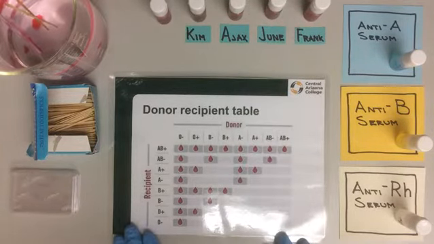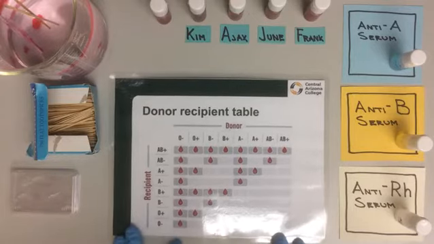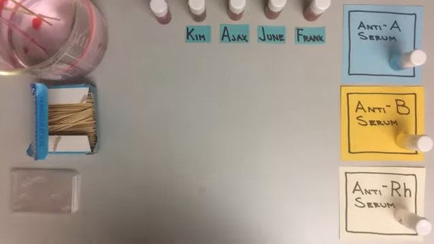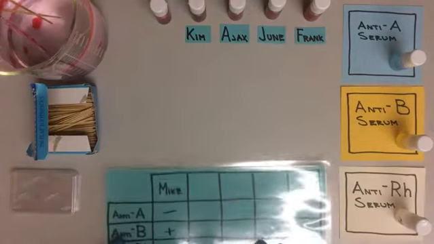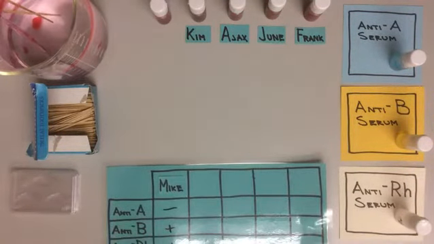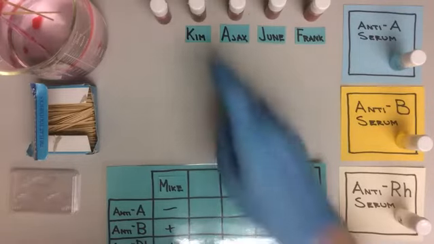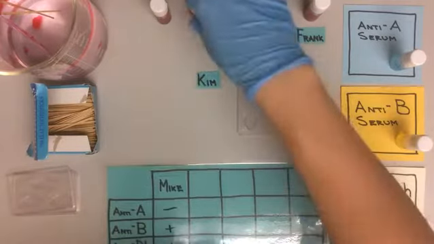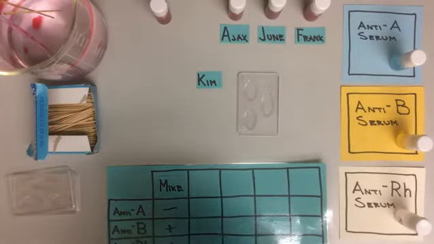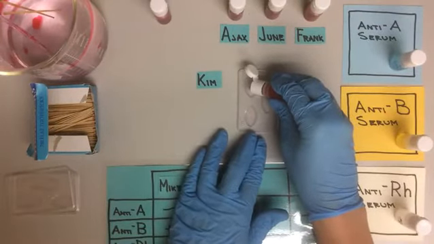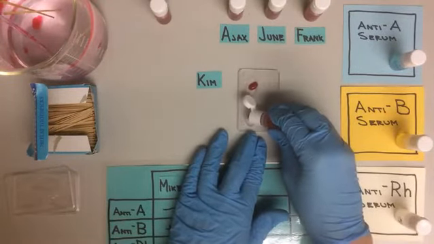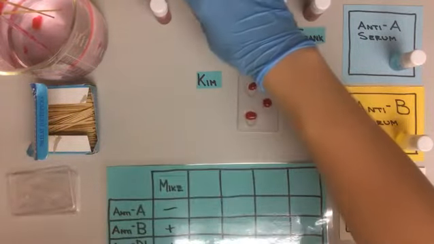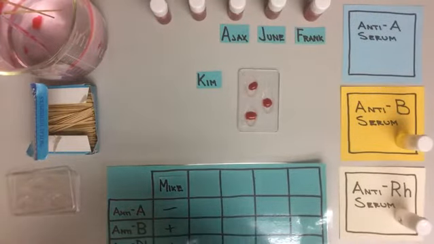For this, we will analyze a sample for each of them as before, and we will see what happens while recording our findings to the table. First, Kim. With anti-A.